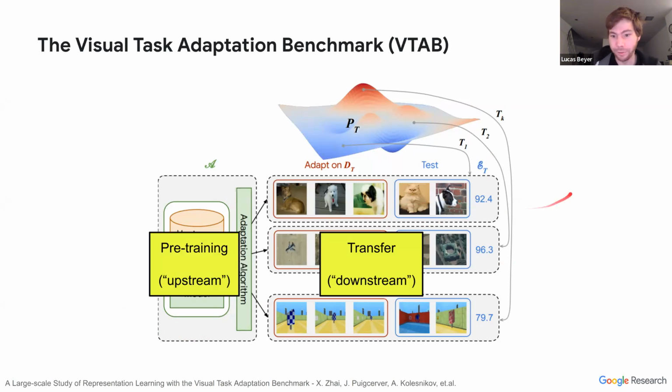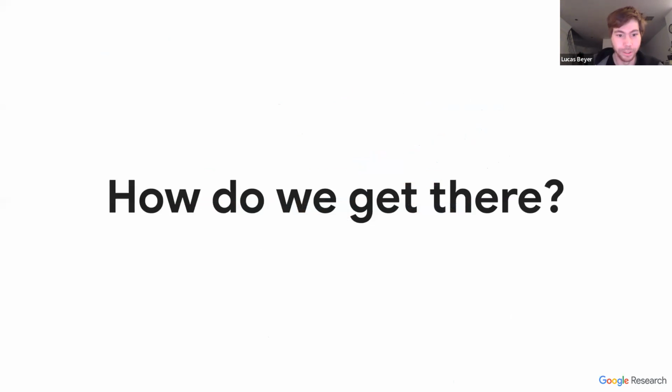The average of how you perform on the test sets is a proxy measure of how good your general visual representation is. We use the words pre-training and upstream interchangeably, and transfer or downstream. And you can adapt on these few training examples however you want. All right, so that is the context, the setting, the goal, and how we measure progress towards the goal.